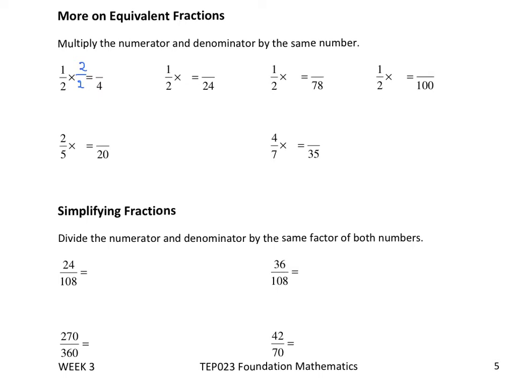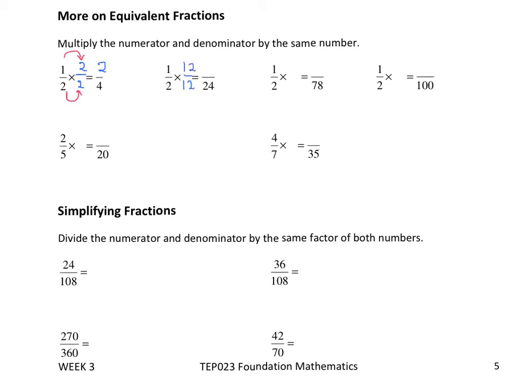So now I can say 2 times 2 is 4, 1 times 2 is 2. The equivalent fraction is 2 over 4. To turn 1/2 into an equivalent fraction out of 24, what do I need to do to 2 to turn it into 24? I need to multiply it by 12.